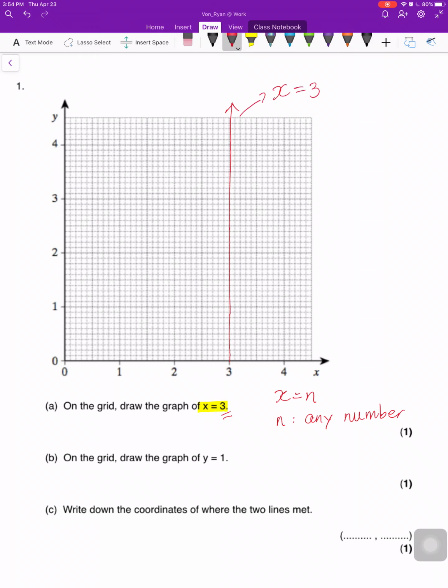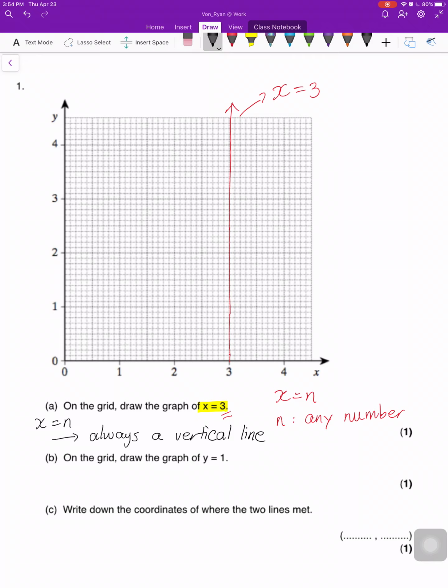That means for any other values of y, we always have the same value for x, which is 3. That's why it's a vertical line. So x equals n always produces a vertical line.